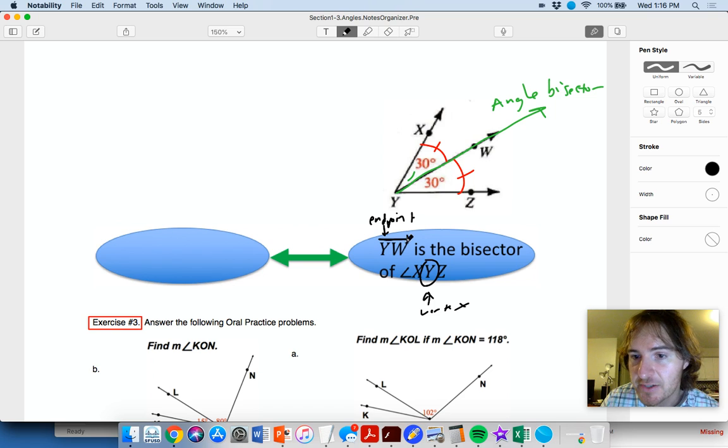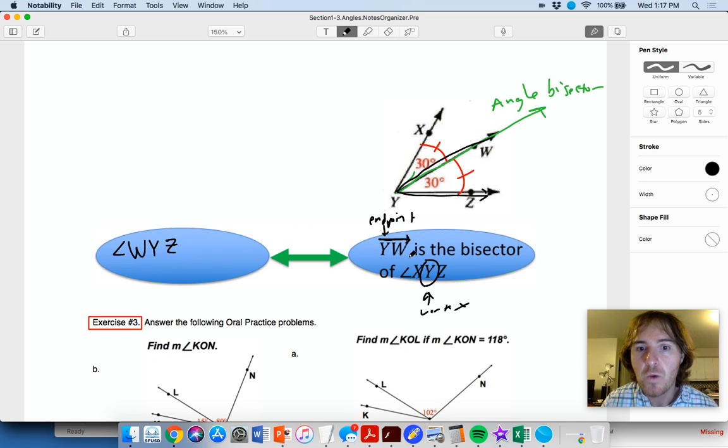So using these letters, actually, I'm not going to look at this diagram. Using these letters, if our bisector is YW, that means it's going to form an angle WYZ, right? This angle right here is going to share a side, YZ, with the larger angle right here.